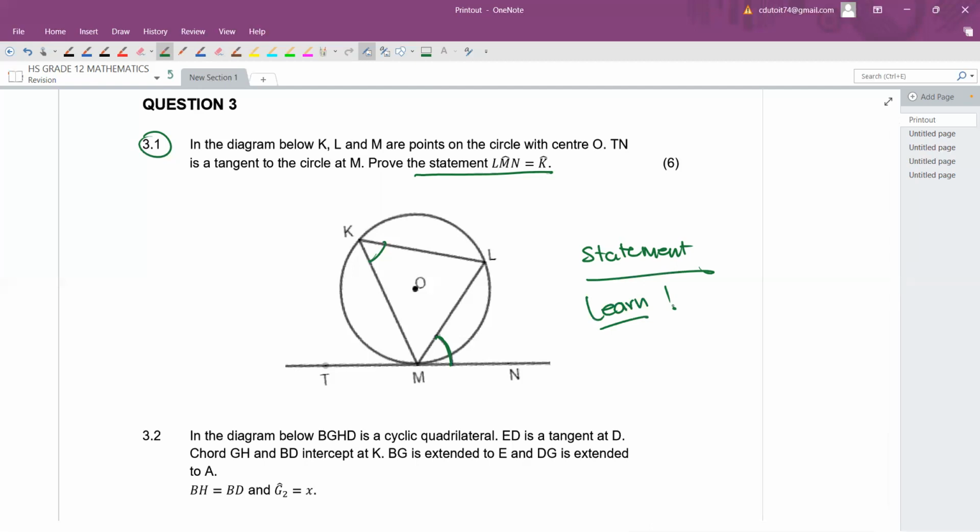Could you remember that, Liam? Yes, sir. So this is utterly unfair. Can you remember to do that statement? No, you probably forgot. So what they did here, they took any of the statements from grade 11. So you need to actually be aware and go back and make sure that you can do those statements.